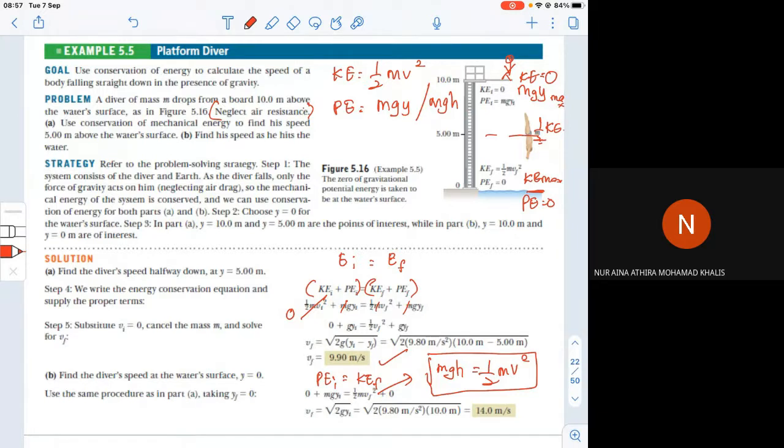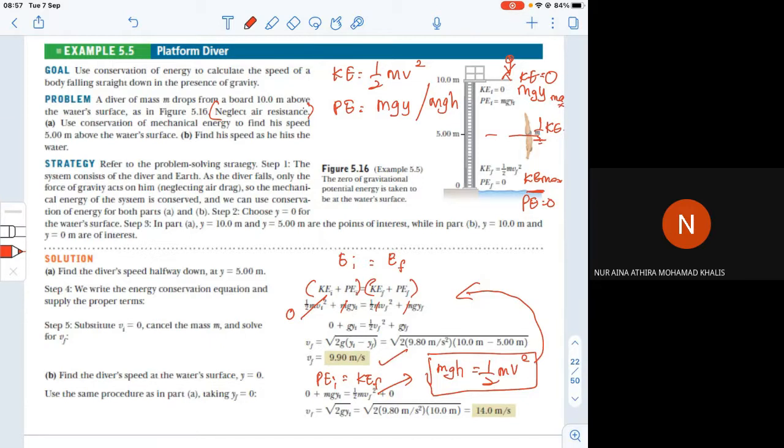It comes from the conservation of energy. But the correct way to learn about the conservation of energy is to write it in full: KE initial plus PE initial equivalent to KE final plus PE final. And then you write the equation.